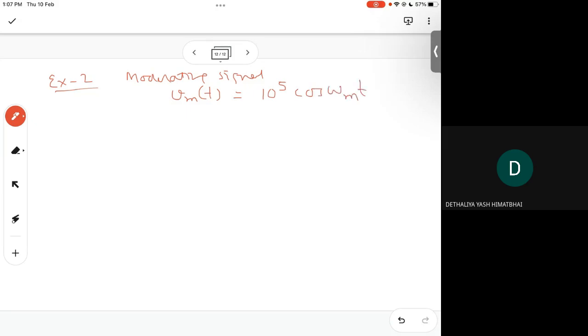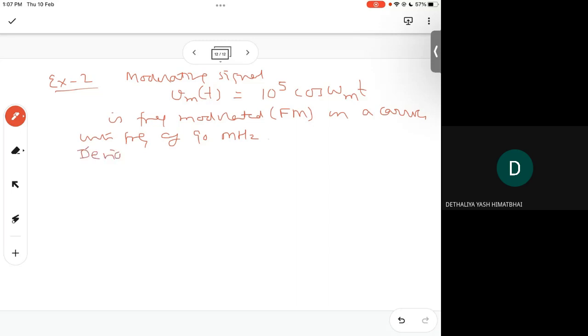And this modulating signal is frequency modulated, that means FM, on a carrier with the frequency of 90 megahertz. And the deviation constant is 5 hertz per volt.